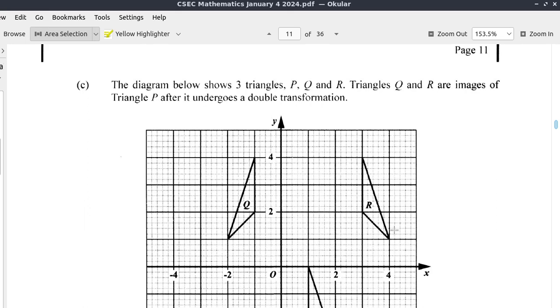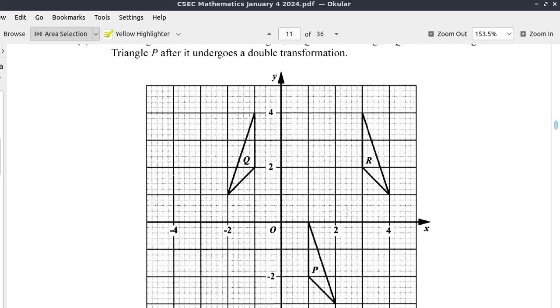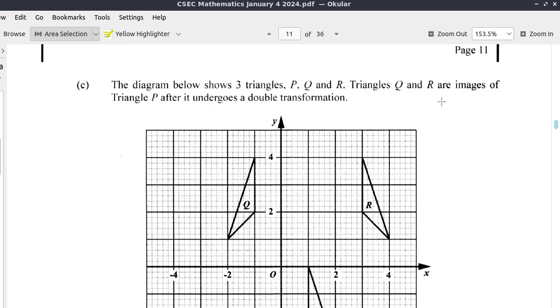Question 3C now, from the CSEC Maths January 2024 paper. The diagram below shows three triangles P, Q, and R. Triangles Q and R are images of triangle P after it undergoes a double transformation.